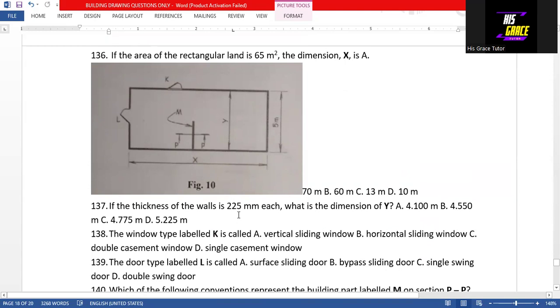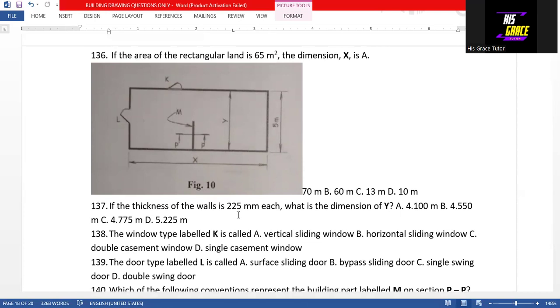I'll make use of my calculator. 225 times 2 is 450. Then we subtract 450 from 5 meters.